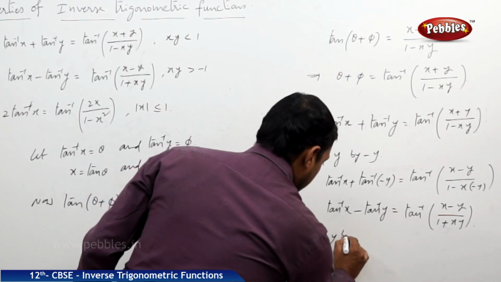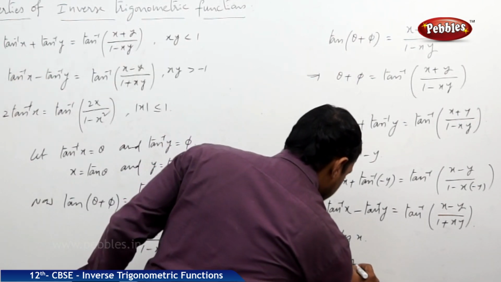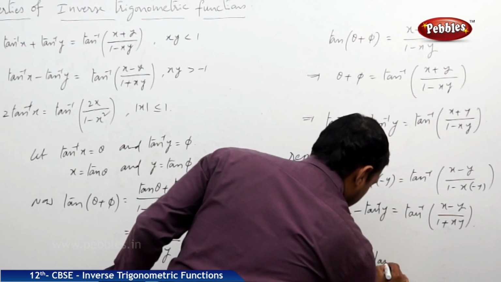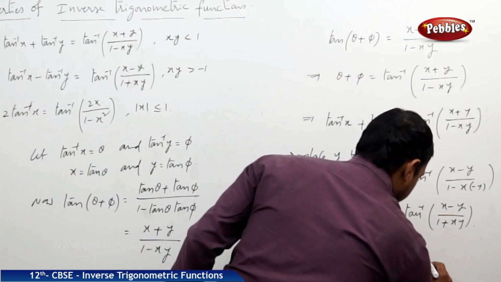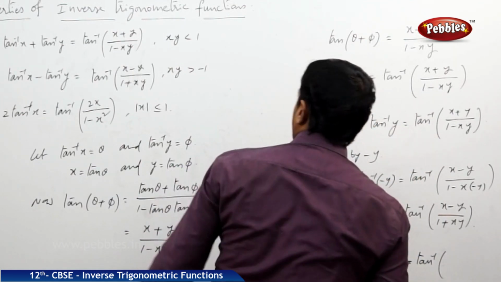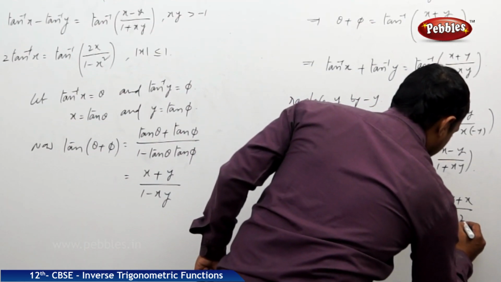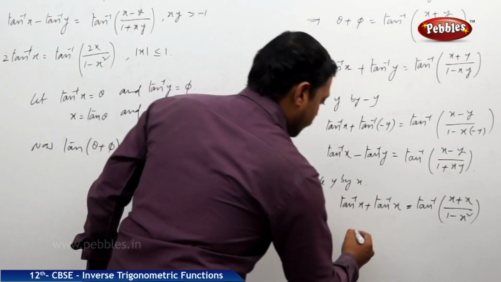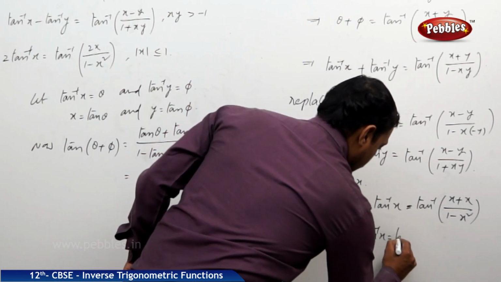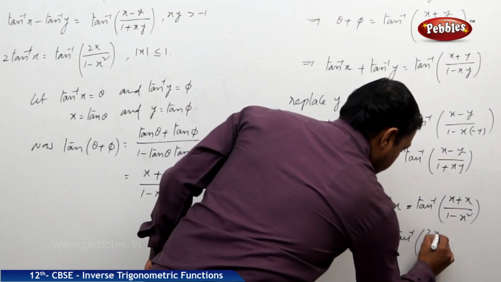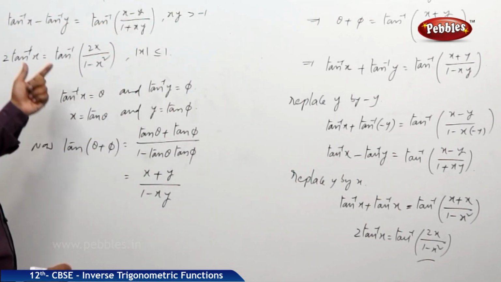Then it is tan inverse x plus tan inverse x is equal to tan inverse of (x plus x) by (1 minus x into x), that is, 1 minus x square. Therefore, 2 tan inverse x is equal to tan inverse of 2x by (1 minus x square).